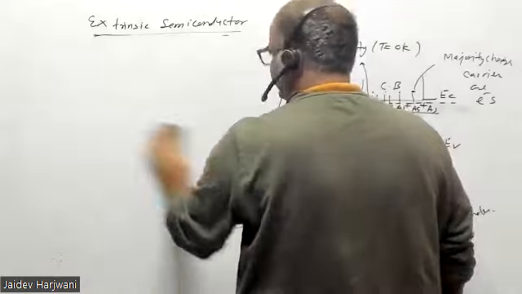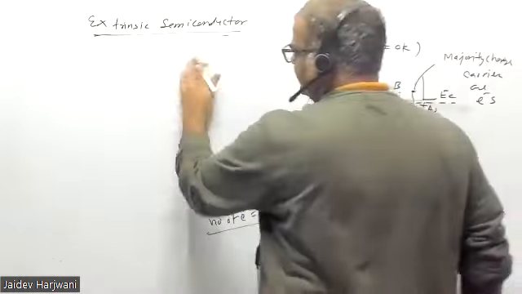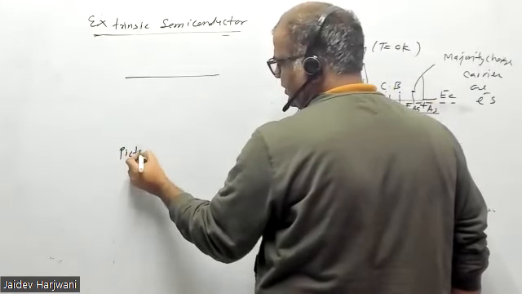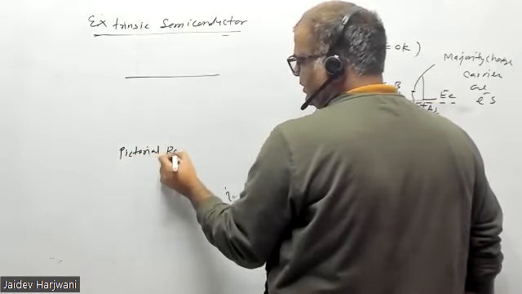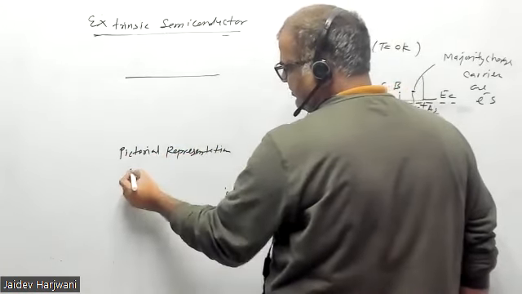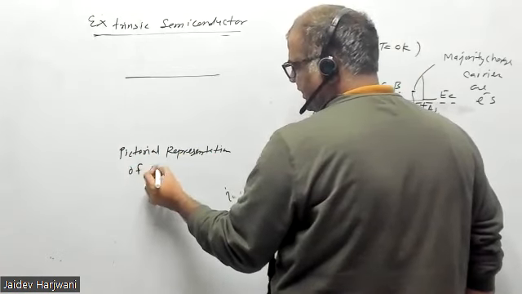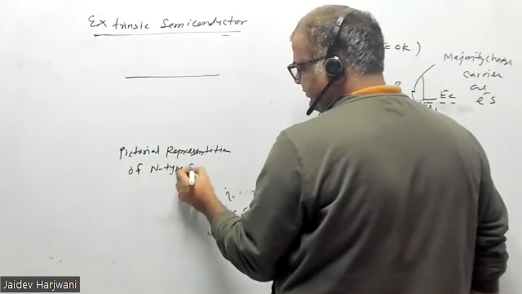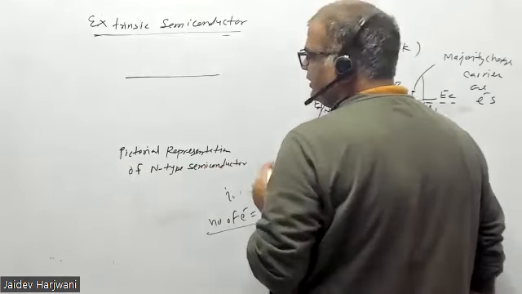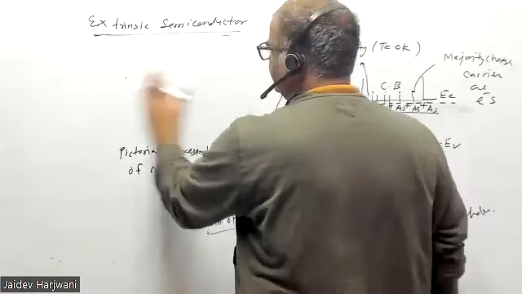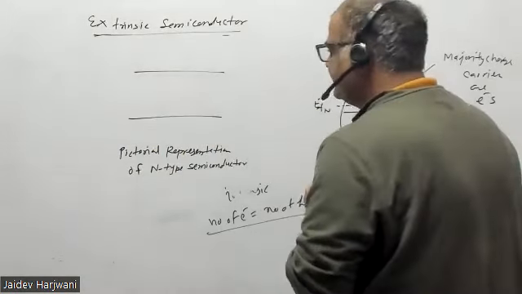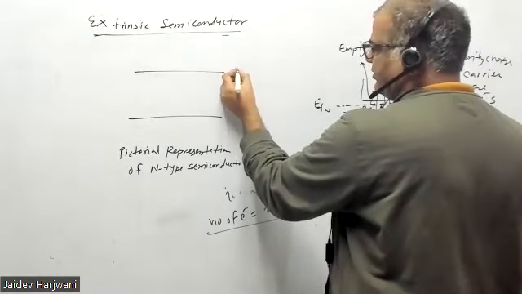So pictorial representation of n-type semiconductor. Basically, if you have this one, this is your conduction band.